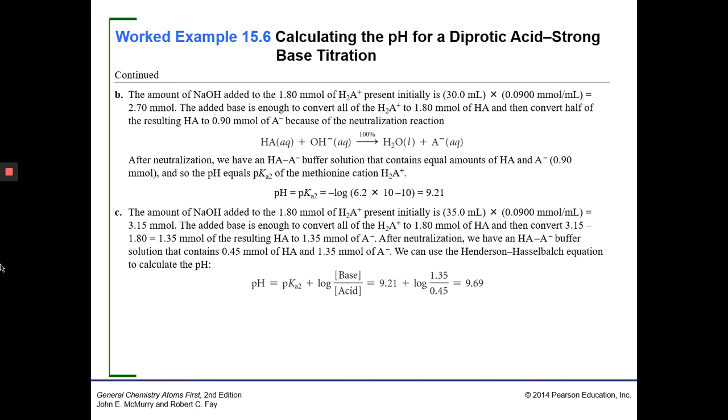So after neutralization, we have an HA A minus buffer solution that contains 0.45 millimoles of HA and 1.35 millimoles of A minus. Okay, so we can plug those values into the Henderson-Hasselbalch equation and calculate the pH. We're in the buffer region, but we're not at the halfway point. So this log term doesn't drop off to 0. So that would be 9.69.